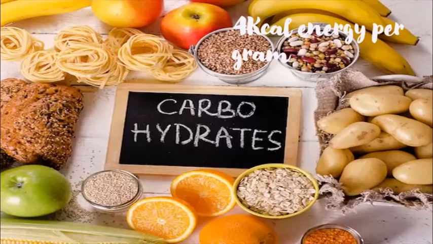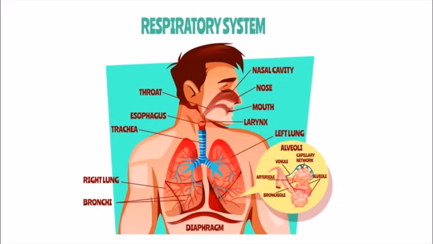So let us learn how this energy is produced. There are different steps in this production of energy. In our body, different systems work together and produce energy. One of the systems is the respiratory system. The organs involved in the respiratory system are mouth, nose, nasal cavity, throat, larynx, then we have esophagus, trachea, lungs, diaphragm, and bronchi also.